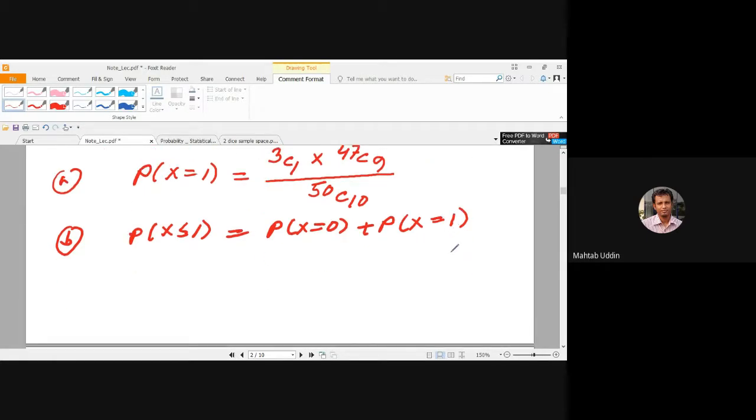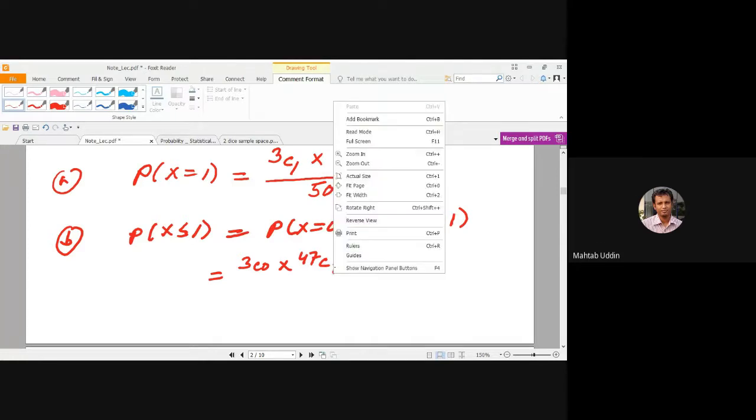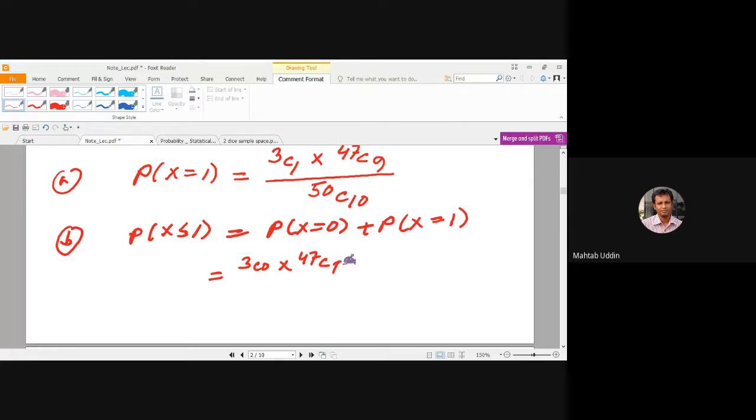Hello? Yes, sir. So out of 3 elements, you cannot take any one because x equal to 0. And you have to take all elements from what? All elements from 47, right? Or means what? In probability, or means what? Sum, right? Yes, sir.